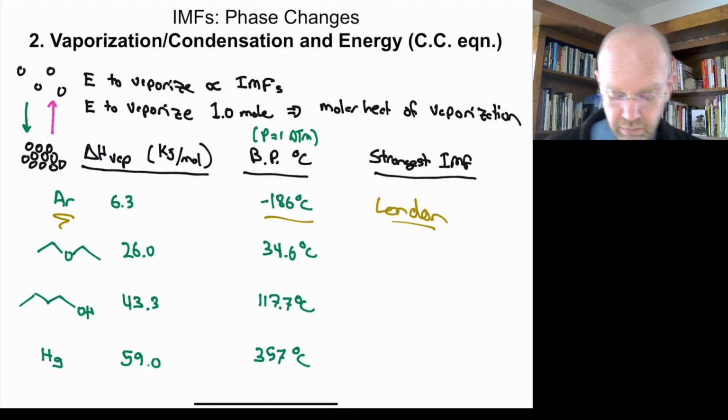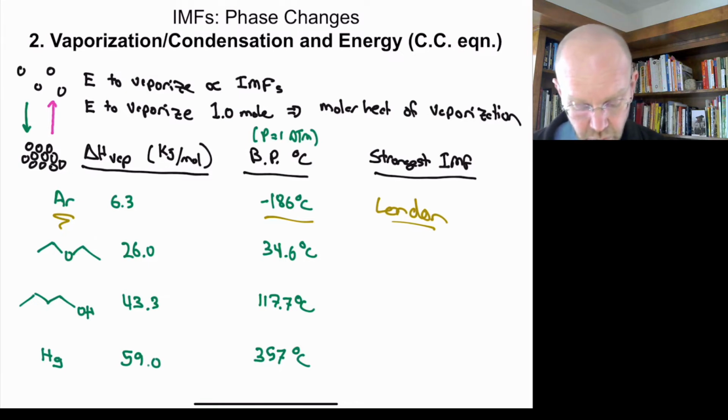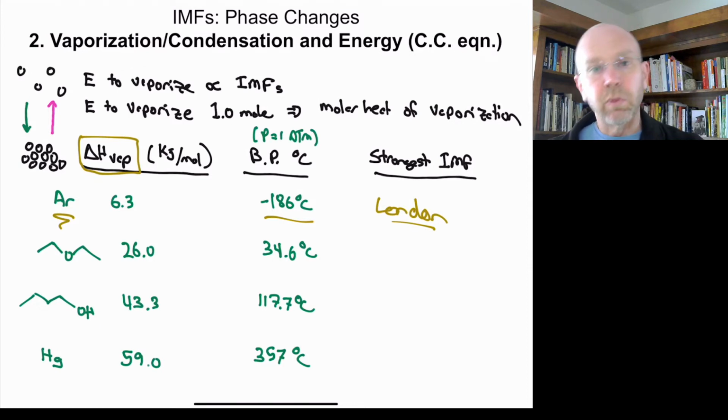One way that we can think about how much or how little energy is required to take some material from the liquid to a gas is what's known as the heat of vaporization, or delta H vap. This heat of vaporization is the amount of energy you have to put in to move a mole of atoms or molecules from the liquid phase into the gas phase.